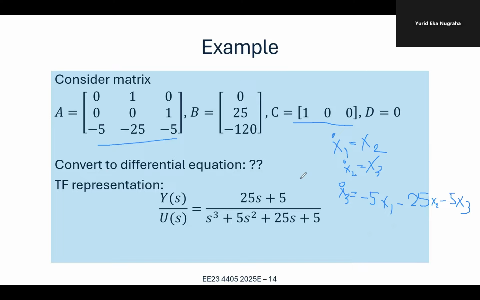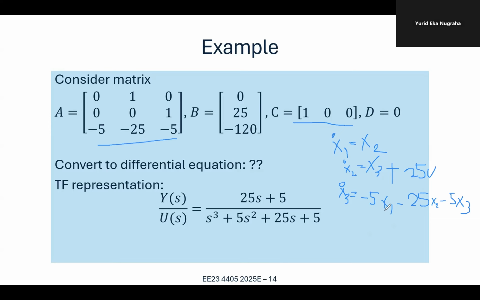And no, sorry, one more thing is that this is not only x3 but is x3 plus 25 u. Yeah. So then we get this x3 dot is minus 5 x1 and so on.